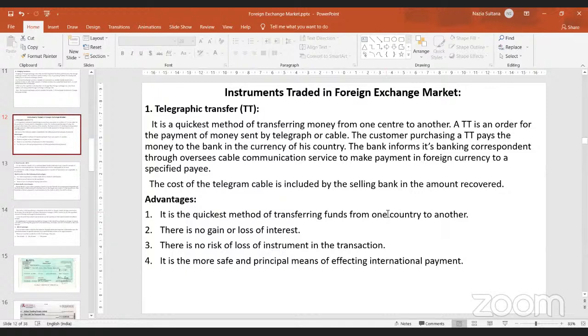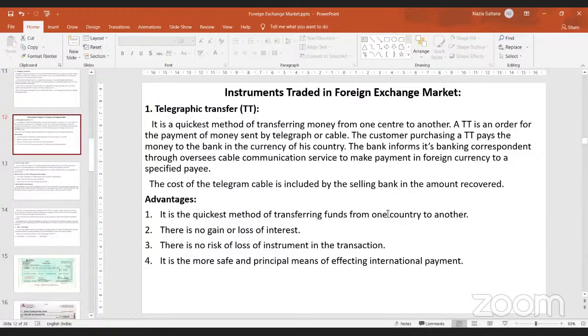You can go buying and selling through something called a telegraphic transfer. Telegraphic transfer is like an order for payment of money, which is sent through a telegraph, or now, because of communication networks which have become very powerful, you do it through your cable networks also. And there, banks are involved. So there is a correspondent bank, and then there is an overseas player and participant.